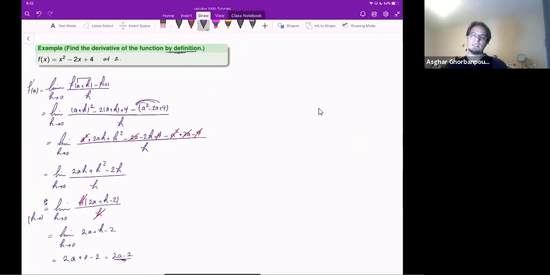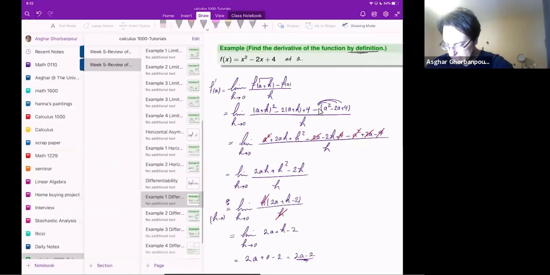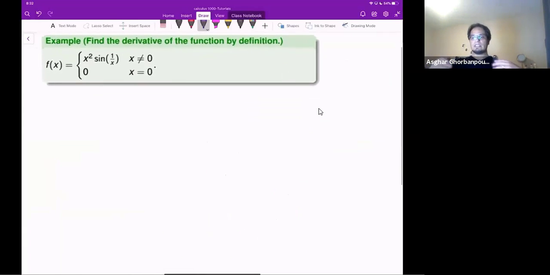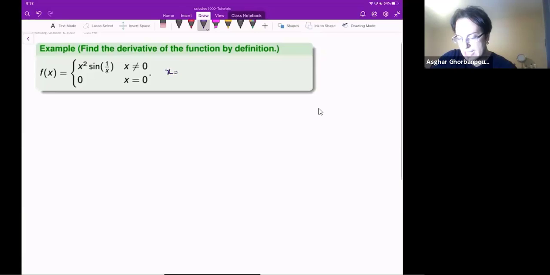Any question, any comments here? All good. Okay, so then we can go to the next example. So this is where it shows itself. If we are interested in finding the derivative of the function at x equal to 0, we cannot use differentiation rules, because differentiation rules only work for functions which are defined by one good formula, where we know how to differentiate each component, and then you differentiate the whole thing, yes?